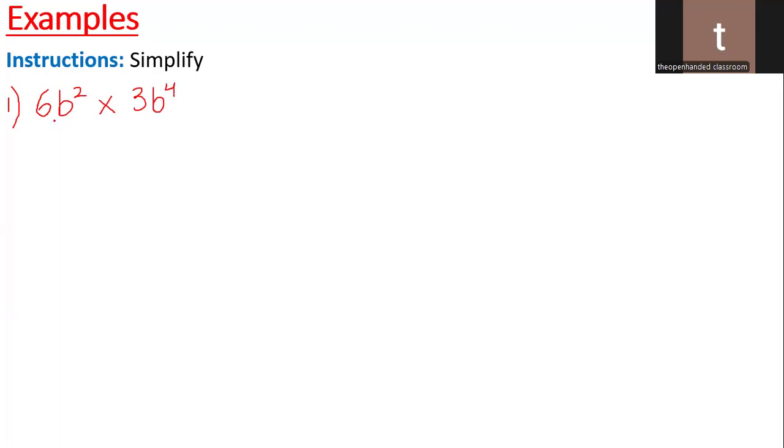So we have 6b squared multiplied by 3b to the power of 4, right? So the question is, how are we going to work this out? Any idea? Yeah, go ahead and try. What are we going to do?